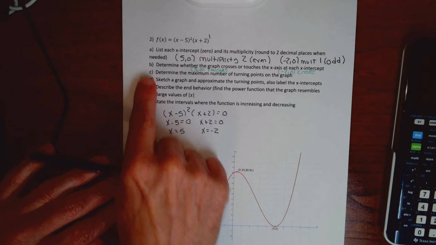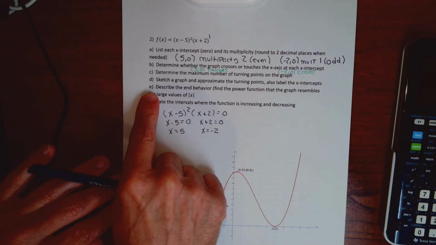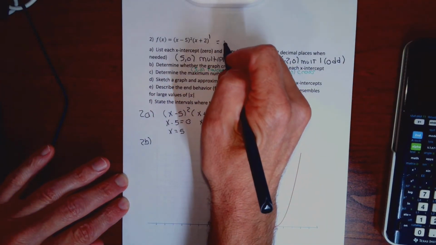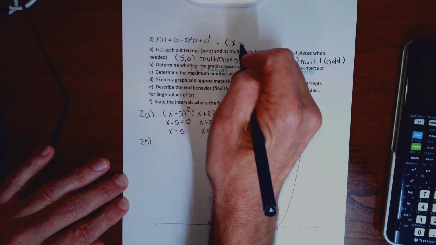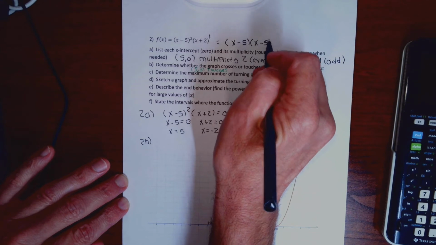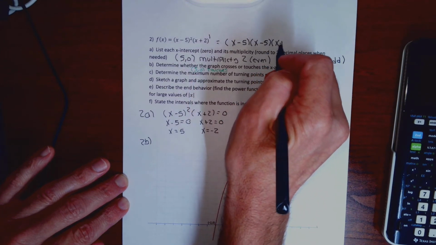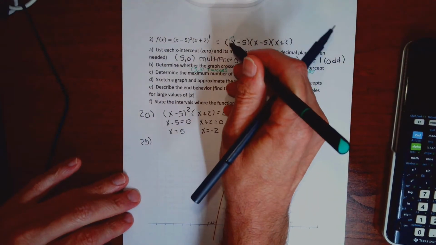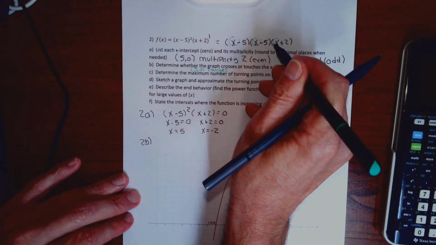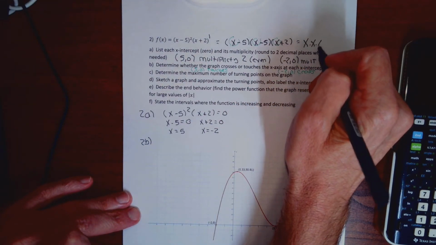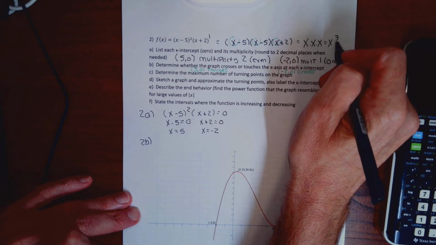Part C and E I can kind of do in tandem. I can tell you the maximum number of turning points and the end behavior in kind of one big computation. So to do part C as well as part E, I'm going to write the problem without its exponents, and I'm going to multiply the first term in each parentheses. This is going to give me x times x times x, which is x cubed.